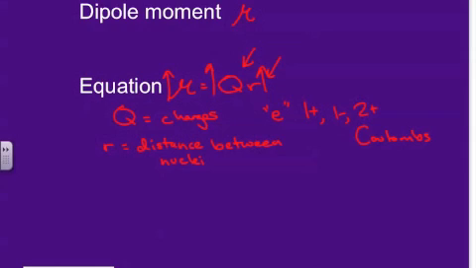The units for mu are debyes, represented by a big D. One of these equals 3.34 times 10 to the negative 30th coulomb meters.